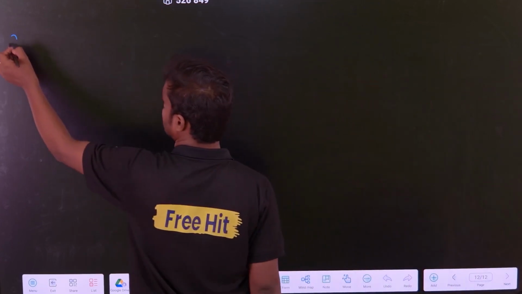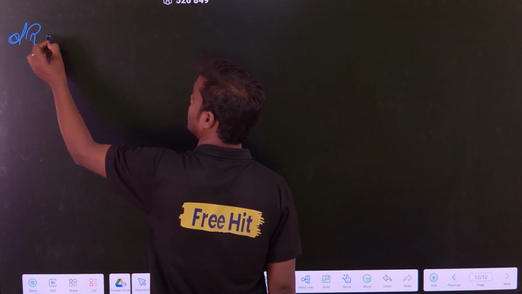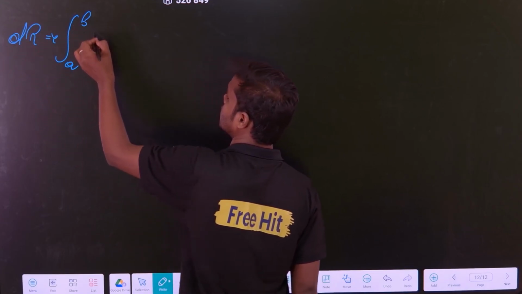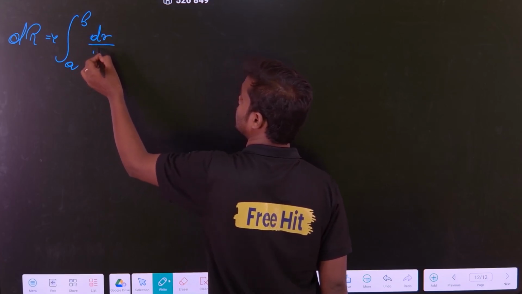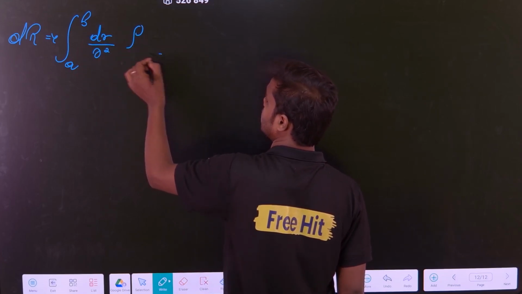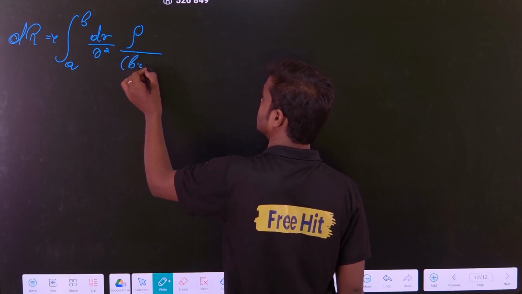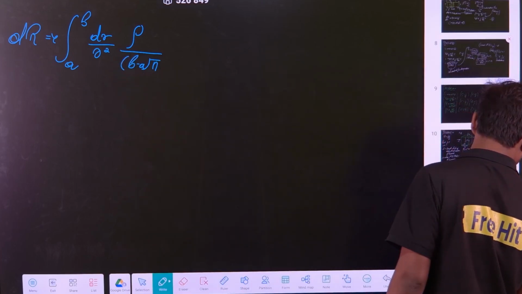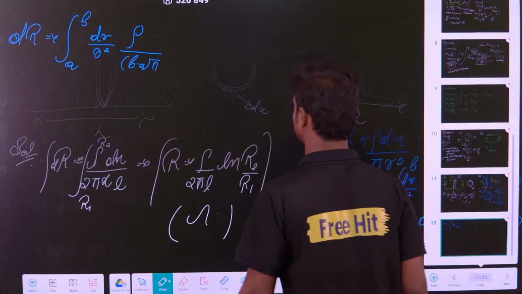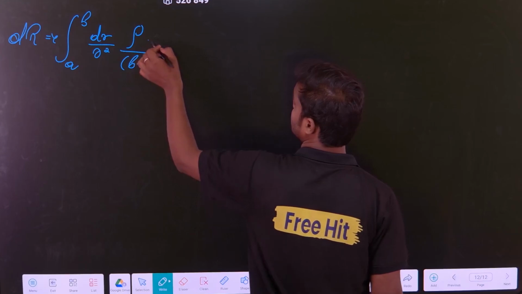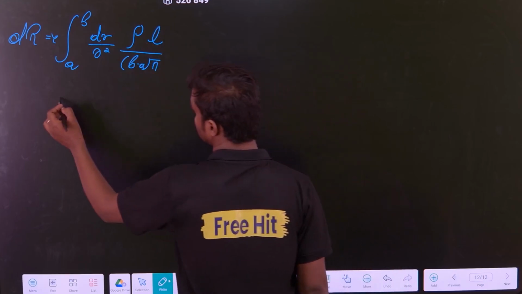So what we have got is dR equal to the integration from a to b of rho dr upon r square, into L divided by (b minus a) times pi, correct? Sorry, L is also there. Just integrate.